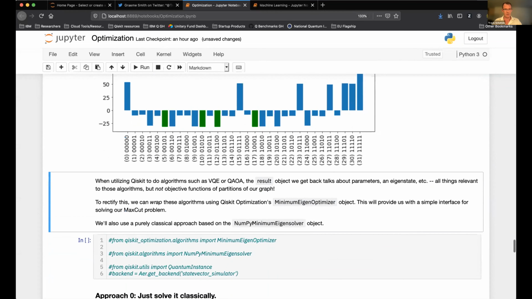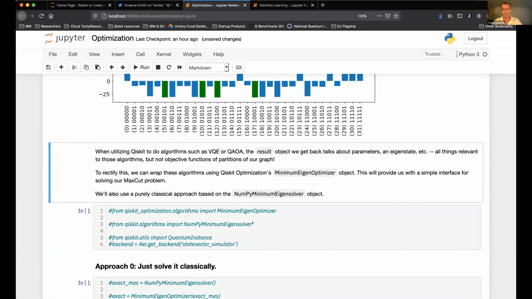Now, here's where we get to something which was super subtle the first time I tried to talk about it, to be totally honest, and it took me a little bit of time to wrap my mind around. If you think about what we are trying to solve, we're trying to solve a max cut problem. What are we trying to solve it with? Something like VQE or QAOA. Well, VQE and QAOA can be applied to many different kinds of problems beyond just max cut and beyond just optimization.